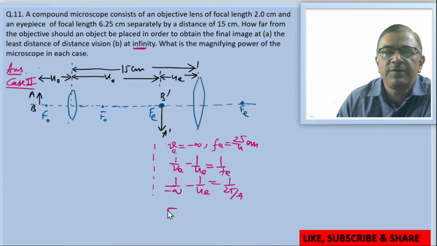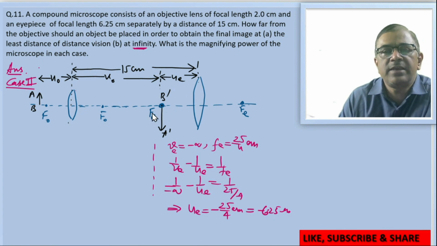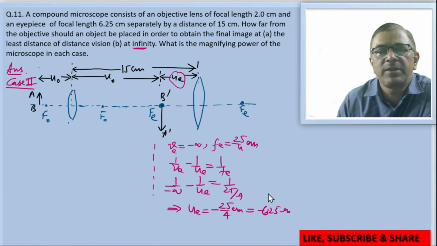So basically this implies that UE is equals to minus 25 by 4 centimeter, or minus 6.25 centimeter. Is it okay? So as such, I could have used this value UE directly, because you see this object A dash B dash basically is at FE. So UE got to be equals to how much? Numerically equals to 6.25 centimeter.